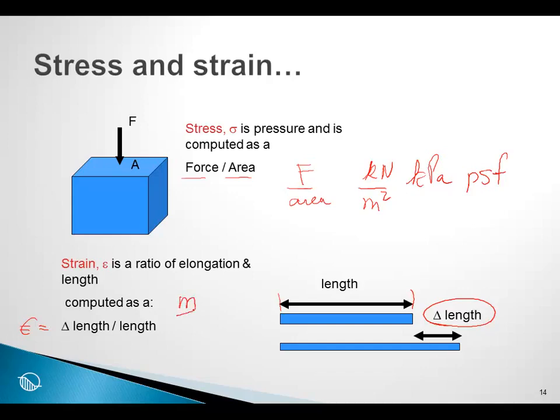It's always meters per meter, or centimeters per centimeter, or feet per foot. So it is a dimensionless parameter. Sometimes strain is expressed as a percentage, but it is simply the strain multiplied by 100 in order to express it as a percentage, but it is a dimensionless parameter. So stress and strain, the very simple definitions of these two parameters.